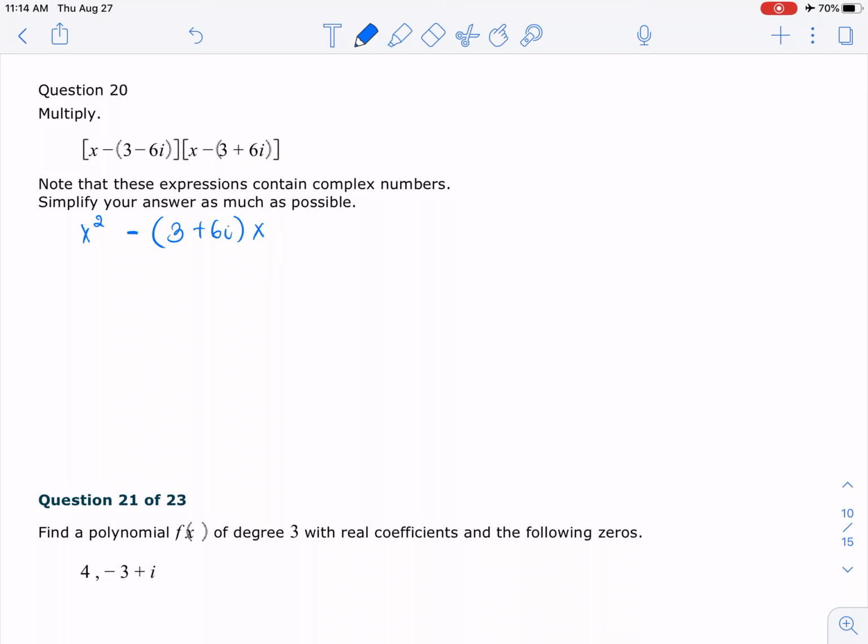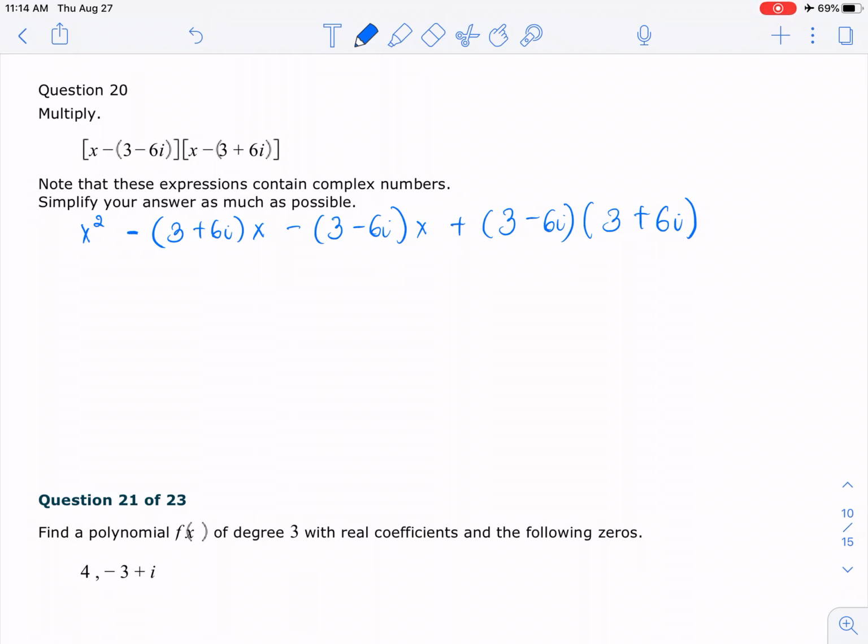And then I have negative 3 minus 6i times x. And then I have positive 3 minus 6i times 3 plus 6i. Okay, now let's try to simplify that.